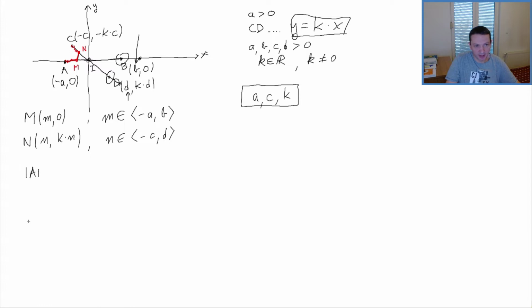that AM is equal to CN. AM is simply m minus a. We simply take the difference between x coordinates of point M and A here.